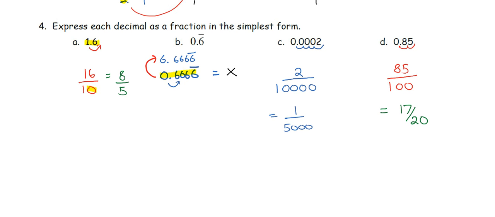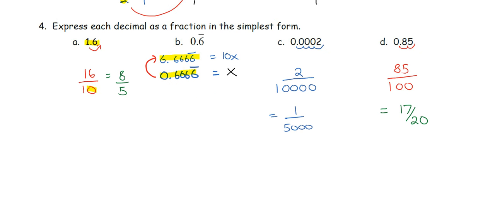Well, since I moved the decimal over to the right by one spot, that means I need to multiply this thing by 10. So if 0.666 is equal to x, and if I take x and multiply it by 10, then I get 10x, and that will give me this 6.66666 repeating.